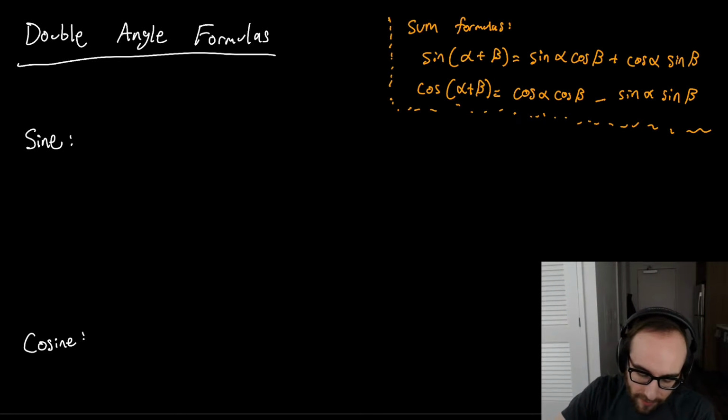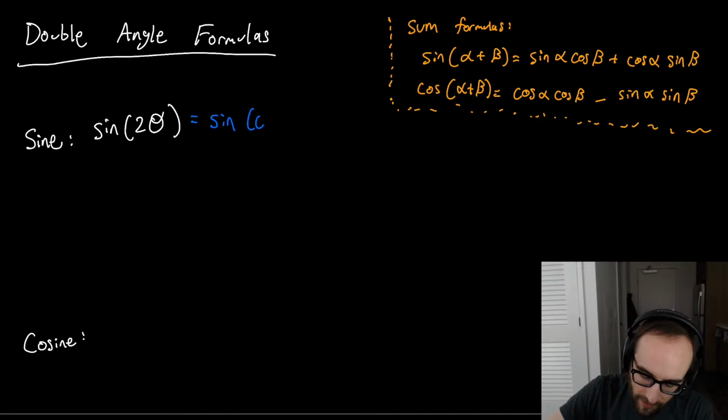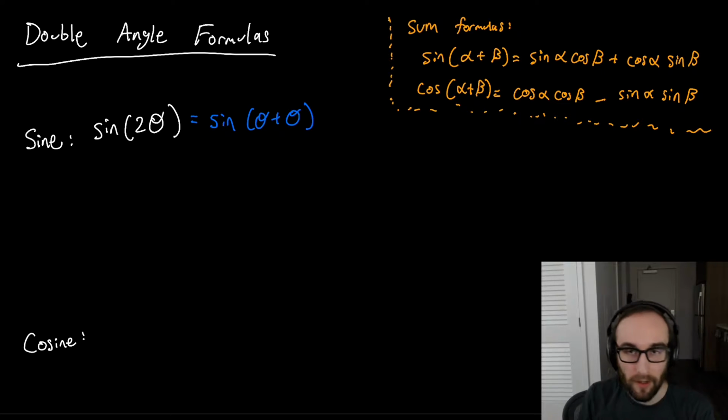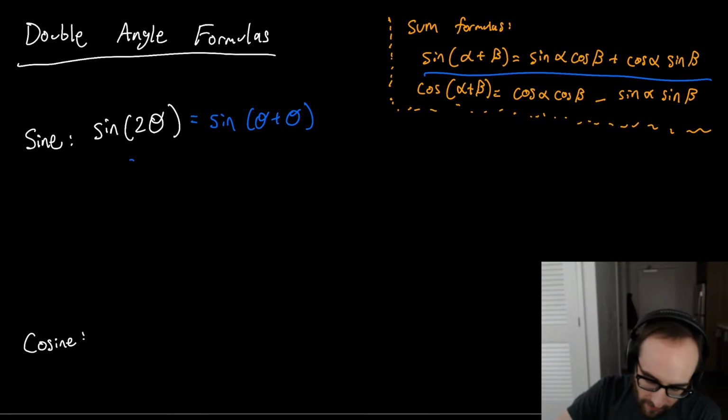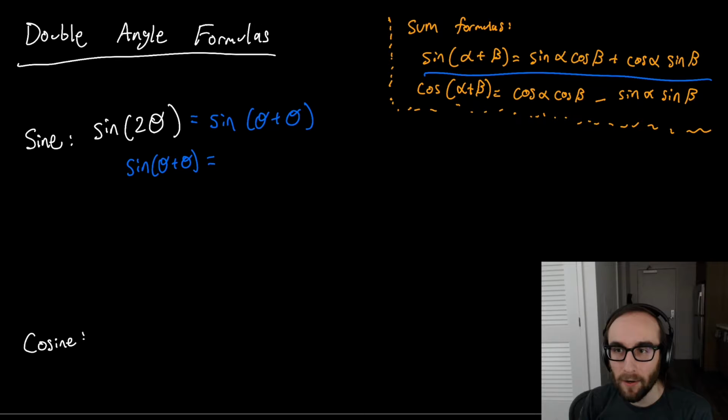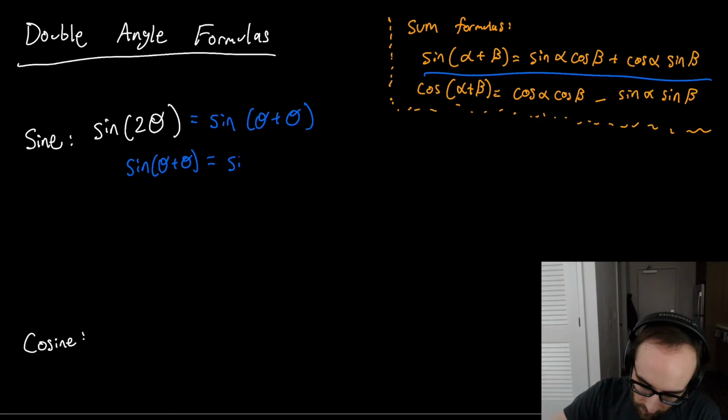So first we're looking at sine, and we're trying to find sine of 2 theta. What we can do is rewrite sine of 2 theta as sine of theta plus theta. So we have 2 thetas we're adding. And then we can use our sum formula, we see up here, to rewrite sine of theta plus theta. So instead of alpha and beta, we just have theta for both of them.